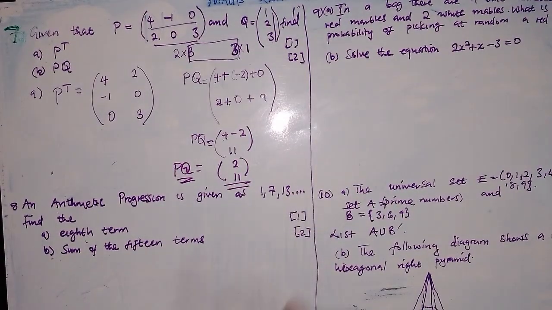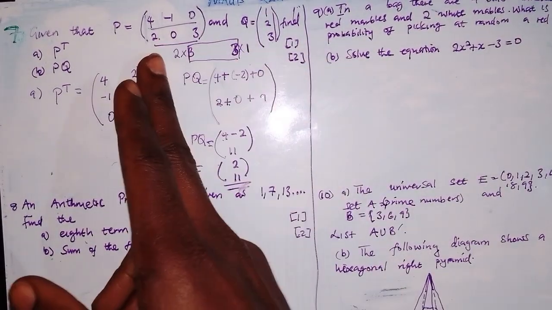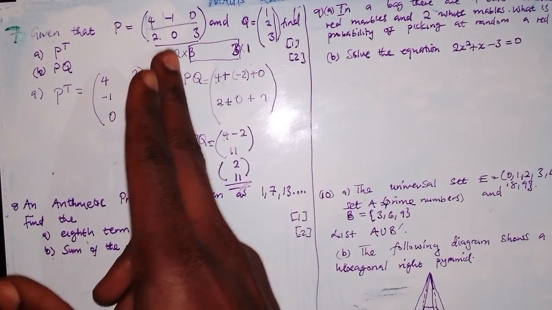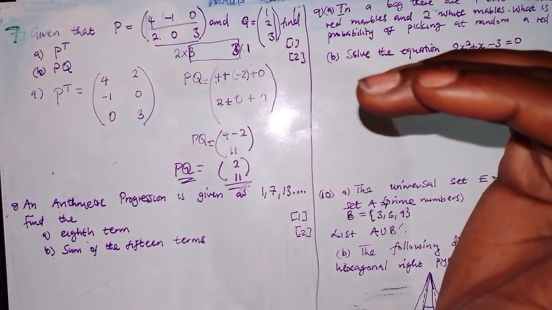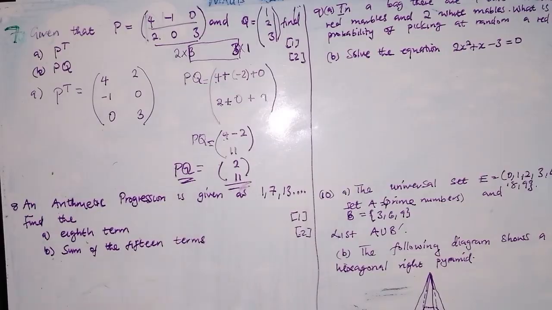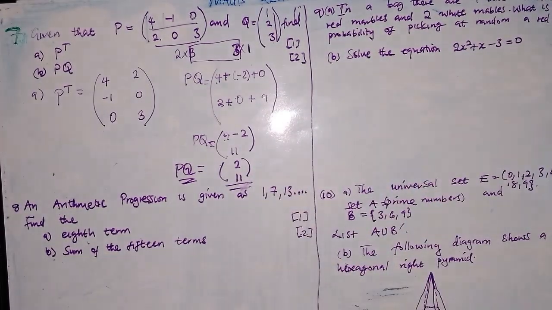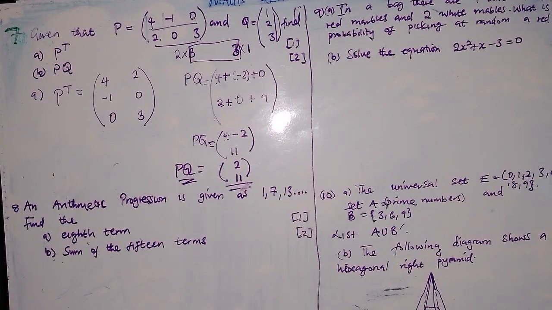Remember, when you look at our order of matrix, we remained with 2 by 1. So our final answer will be a 2 by 1 matrix. This is how you can solve a matrix question if you see it in paper 1. This will guarantee you 3 marks.